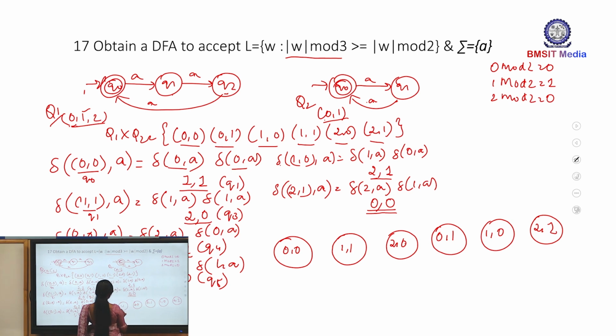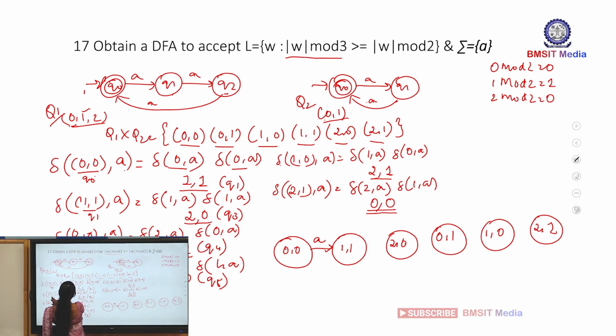Now start with (0, 0). On seeing an A, it makes a transition to Q1, which is (1, 1). I am in the state (1, 1). On seeing an A, it makes a transition to (2, 0). And then again I have the third condition. My current state is (2, 0).